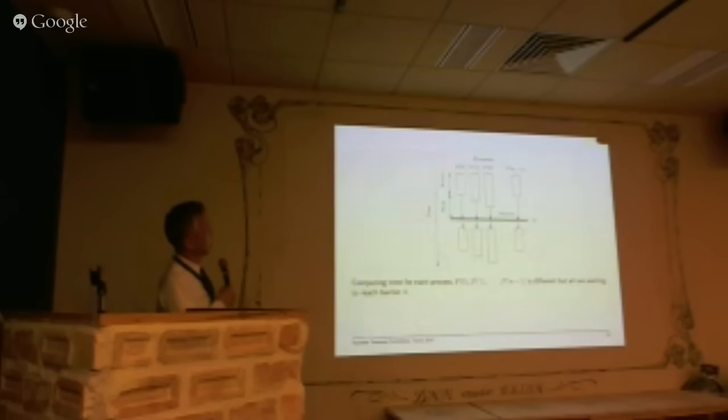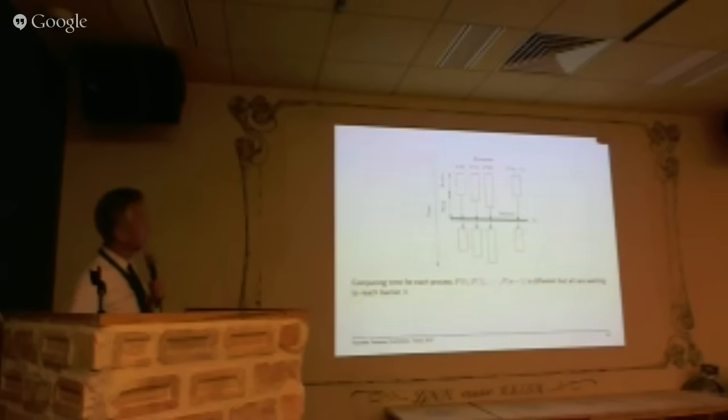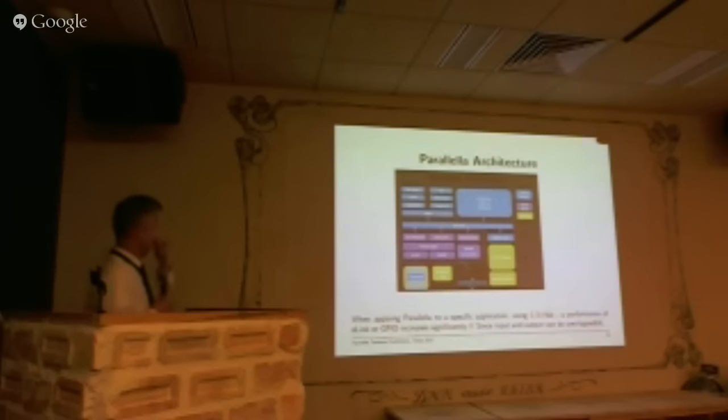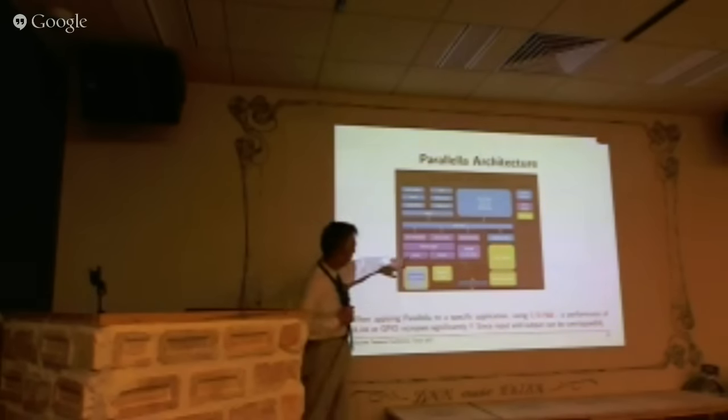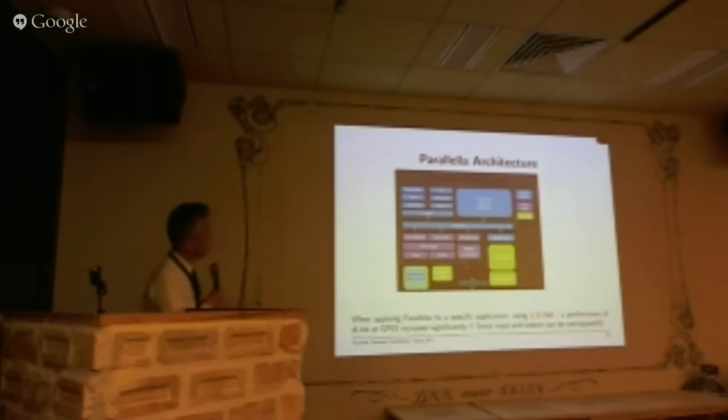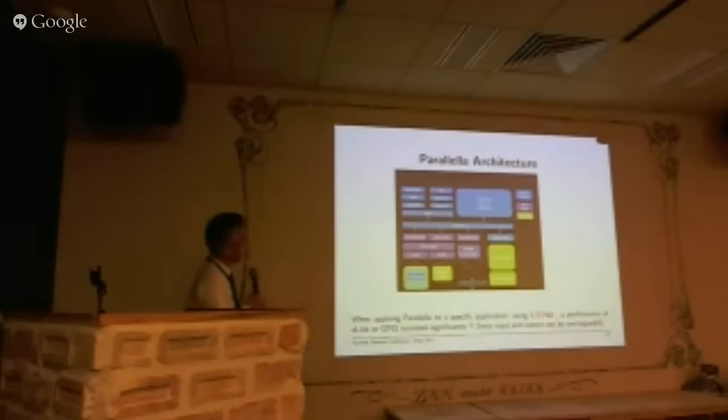Another feature is barrier functions. This is also useful to synchronize with time. This is the Parallella architecture. This is the Epiphany chip, having E-link. In applications, you might want to send data from this chip to the motherboard, or vice versa.